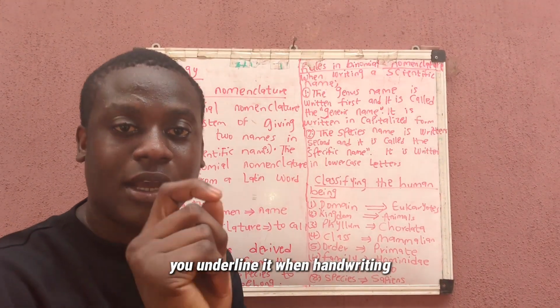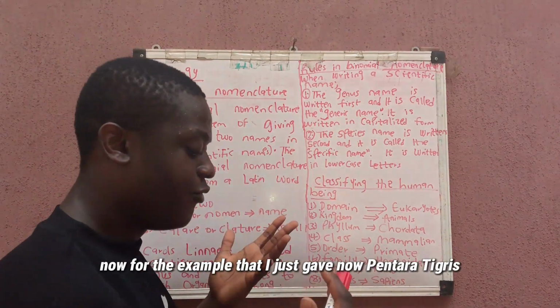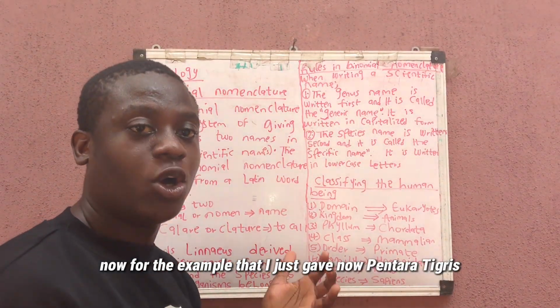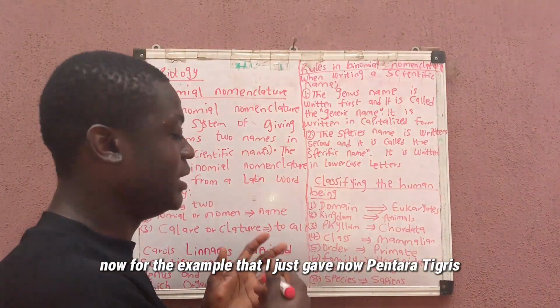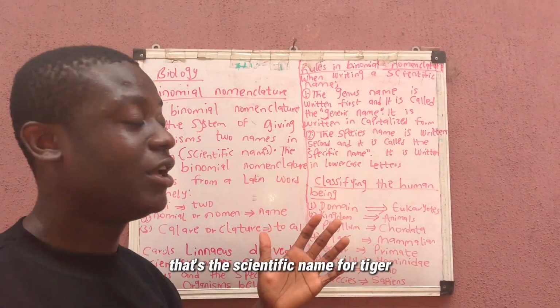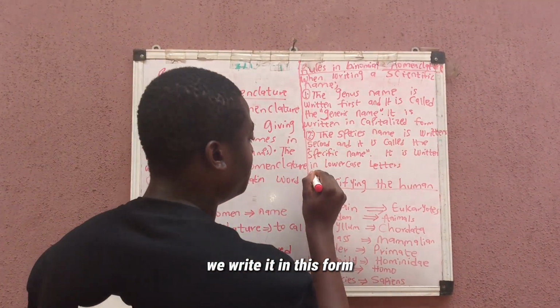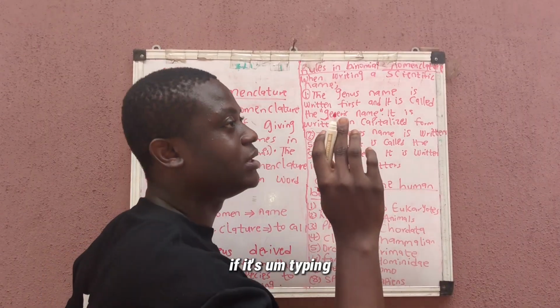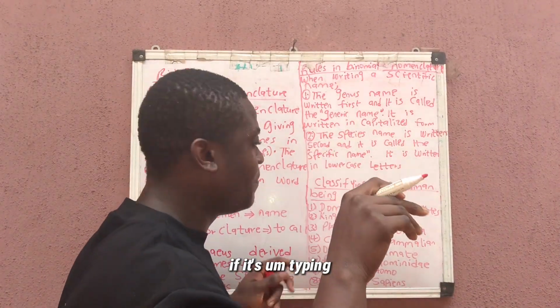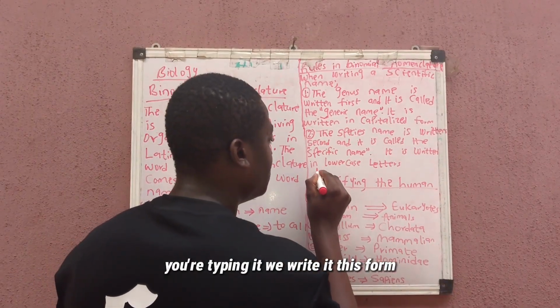You underline it when handwritten. Now, for the example that I just gave, Panthera tigris, that's the scientific name for tiger, if you're typing it, we write it in this form.